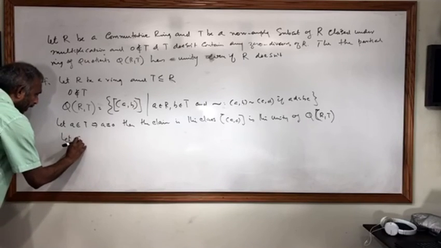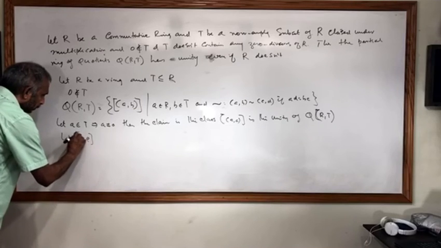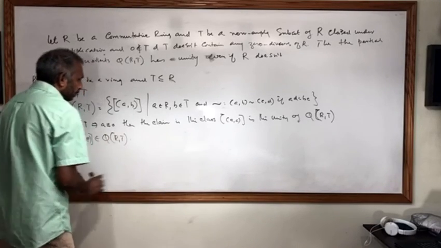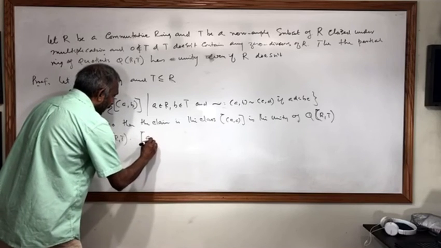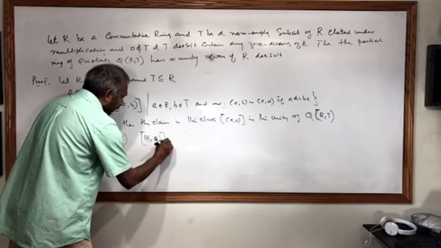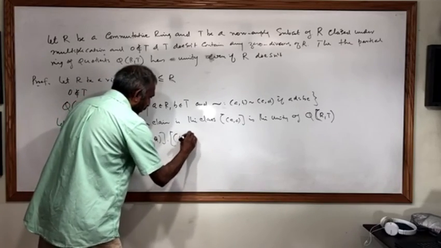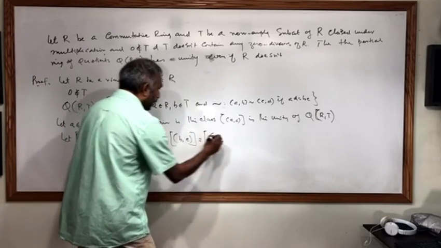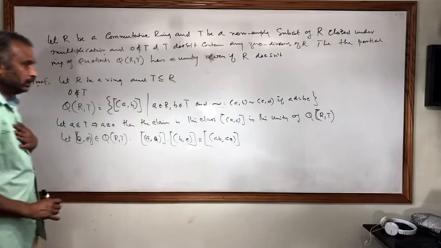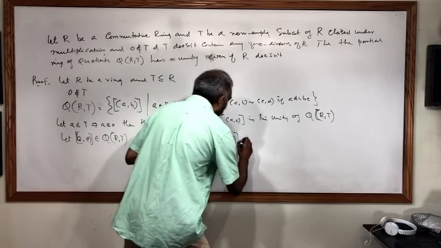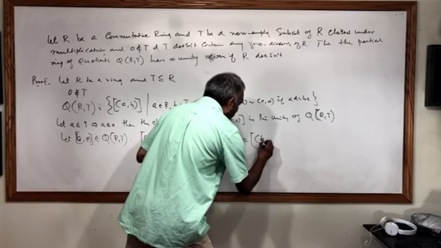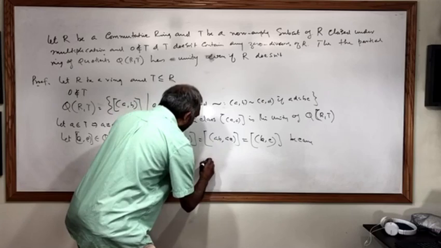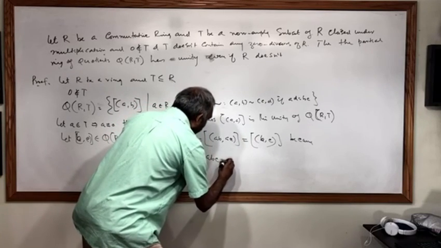Let (b, c) belong to Q of R, T. Then we multiply (a, a) times (b, c), and that by definition is (ab, ac), and that is actually equal to (b, c), because abc equals acb.